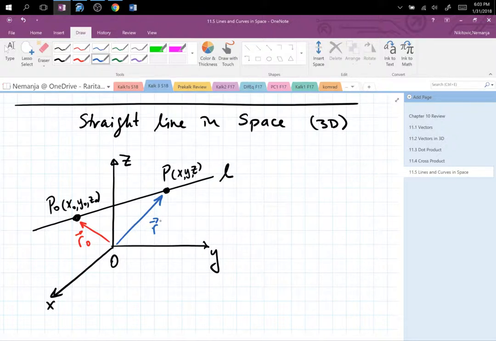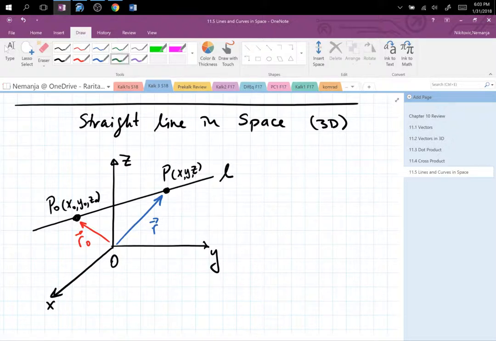So now if you are observing this case here, I hope that you see that the slope of the line, the steepness, the orientation of the line in space is completely determined by the vector which stretches between points P0 and P. Do we all see that?